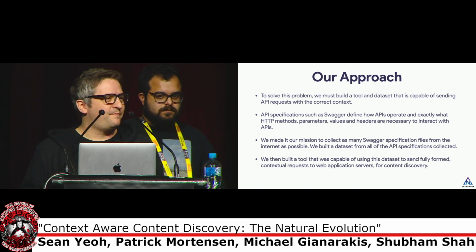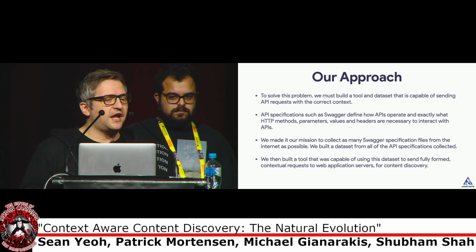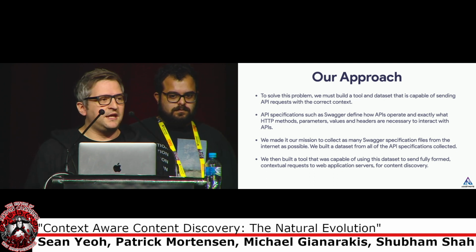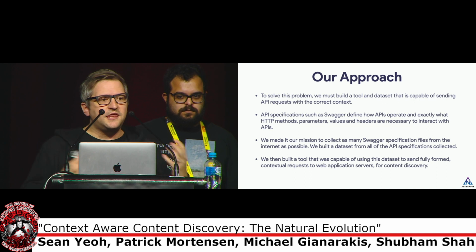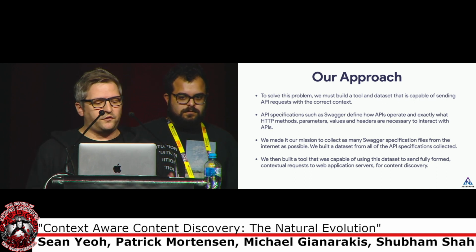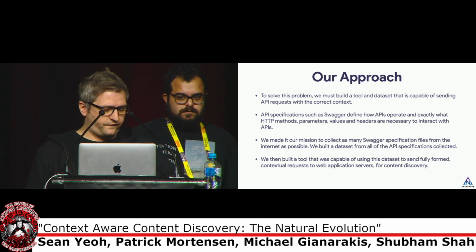So we made it our mission to collect as many Swagger specification files as we could from across the internet through broad internet-wide scanning, and then we built a data set from all of the API specs collected. Then we built a tool that was capable of using this data set to send fully formed contextual requests to web app servers for content discovery.